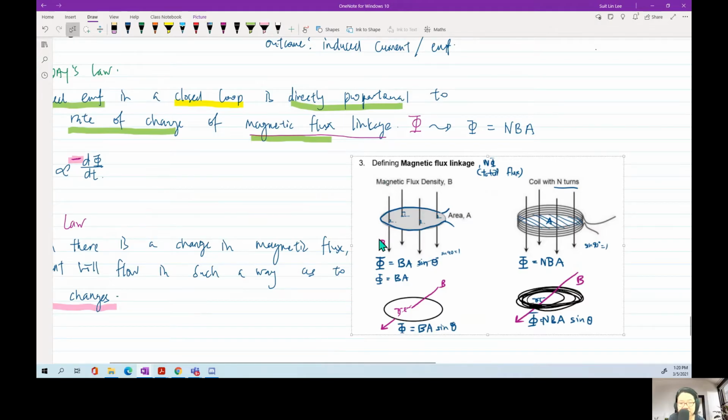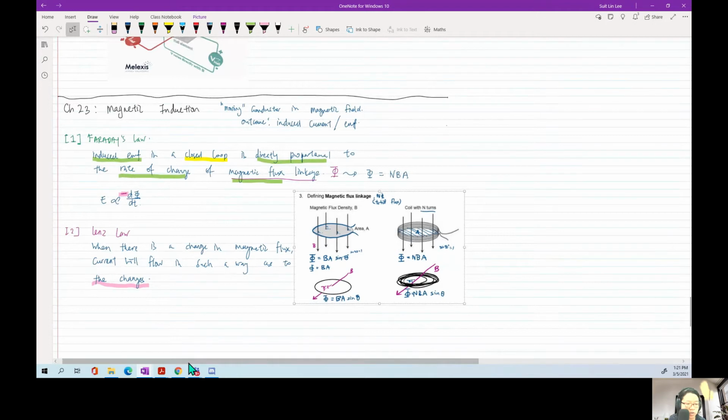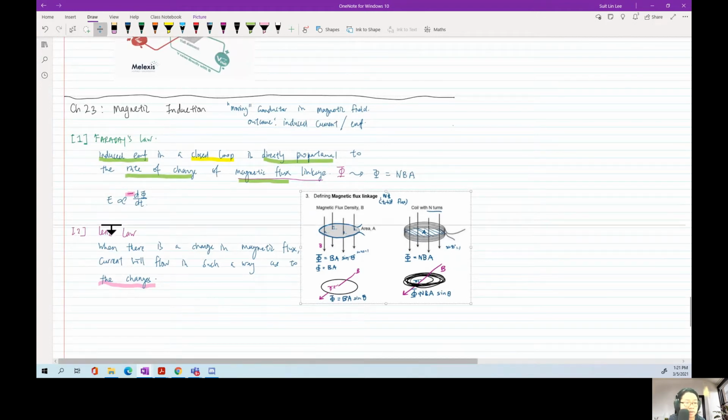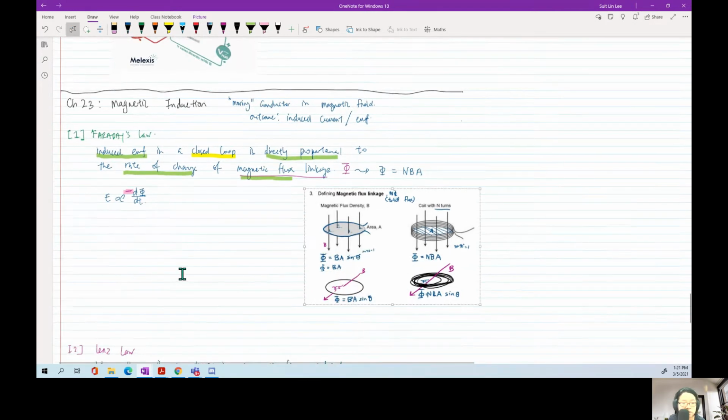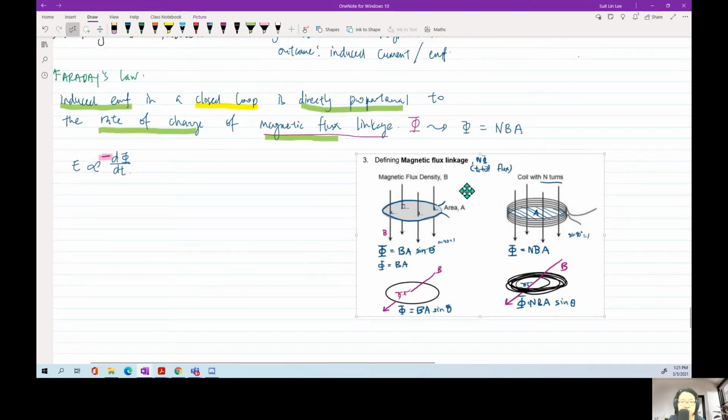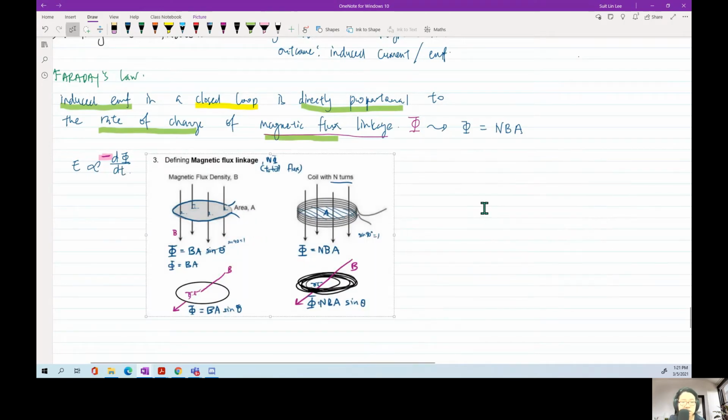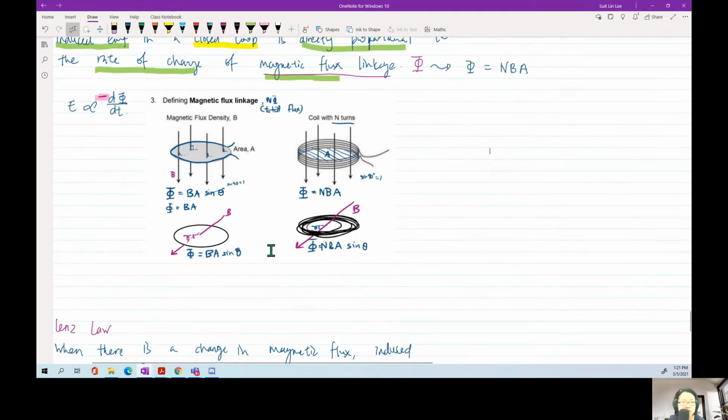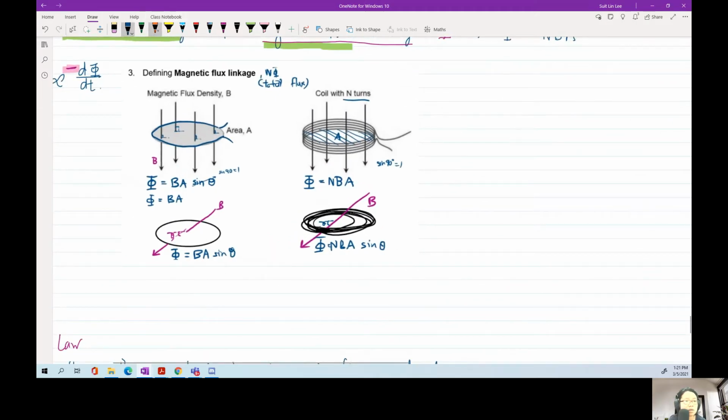Hang on, let me write. Let me change the notes first a bit. Push down a bit. Okay, so this one, BA, is magnetic flux for one turn in your coil.